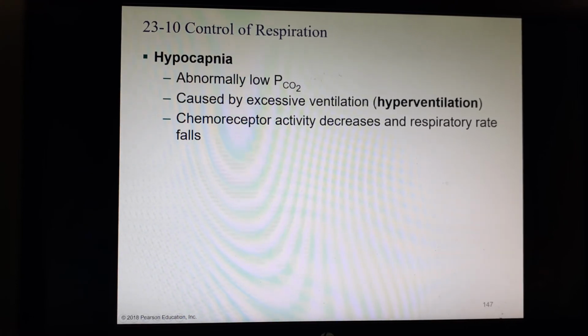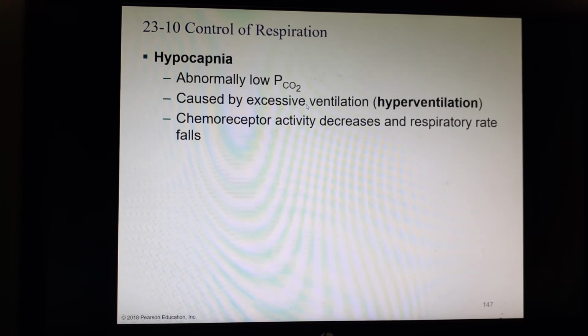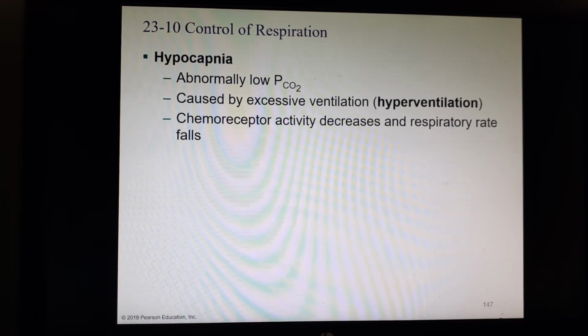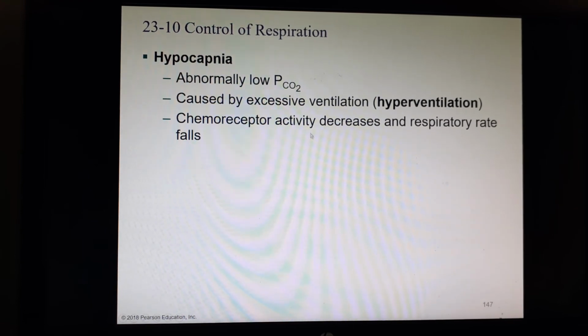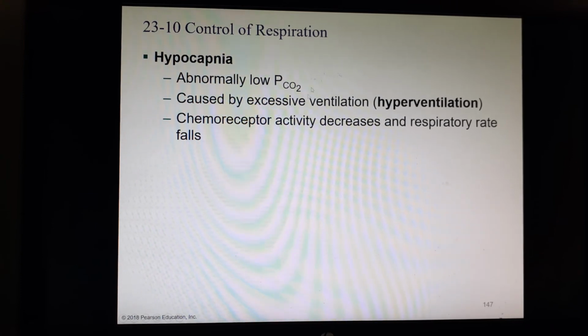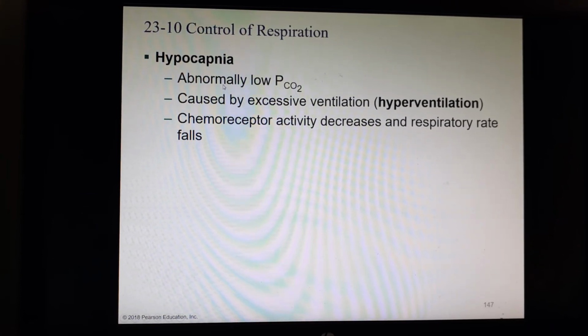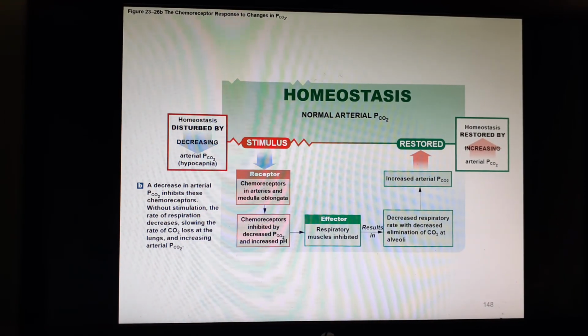Now, if you are hyperventilating, since the problem is low partial pressure of CO2 in your blood, a very good solution is rebreathing. That means you breathe your CO2 out into a bag and then re-inhale it. That will drive up the partial pressure of CO2 and it will solve hypocapnia. And here is a nice graphic for that.